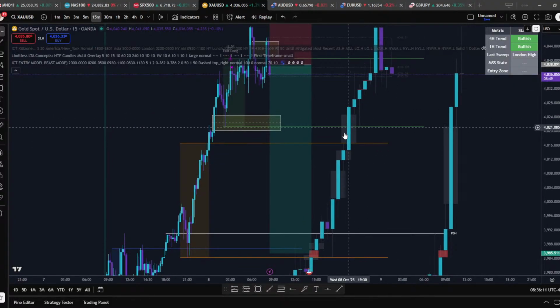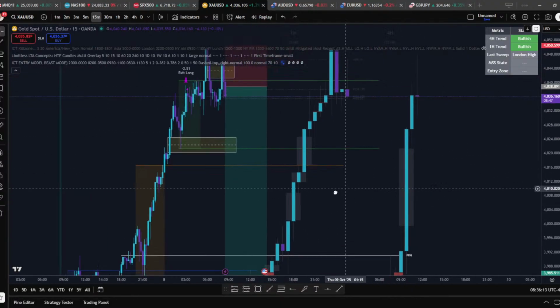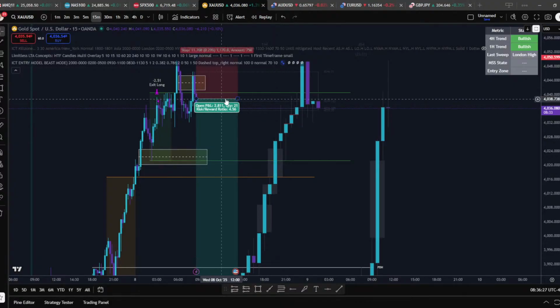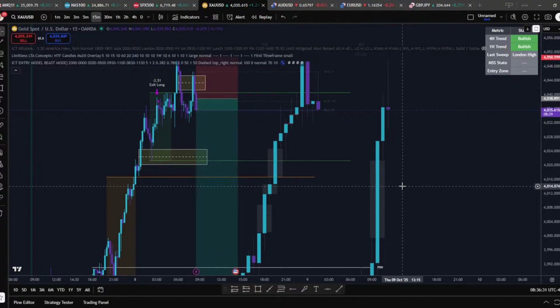But it has left hourly fair value gaps open. And it's left a big 4-hour fair value gap for it to be tested. So if it comes and tests the 50% of the 4-hour here, then that's 1:2 something. We'll be at break even. We'll be at 1:1 our stop loss. So we chilling at that point.